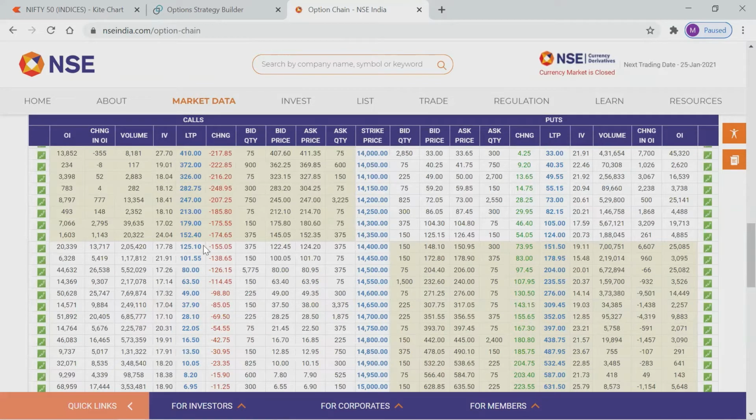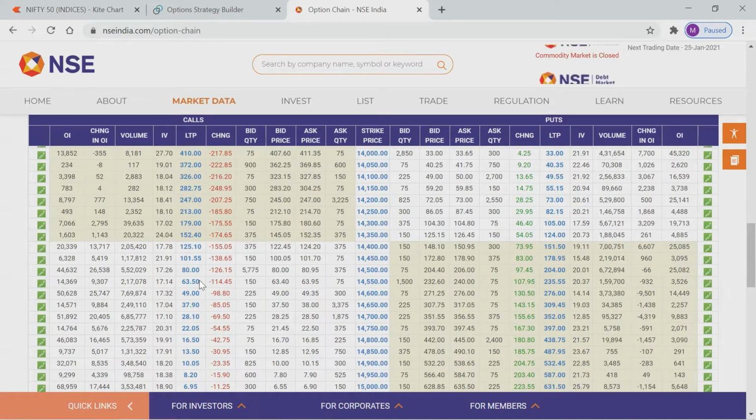You already know what is in the money, out of the money, and at the money. If the data is in the yellow area, it is called in the money data. If the data is in the white area, it is called out of the money data. If the data is on the left side of the table and in the yellow area, it is in the money call option data, and these strikes are called in the money call strikes.